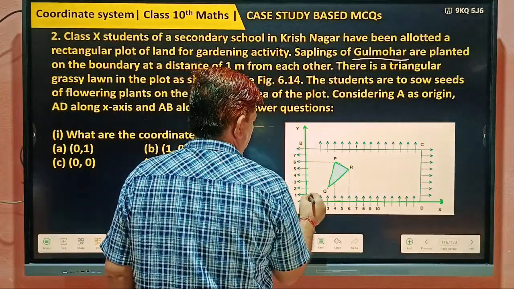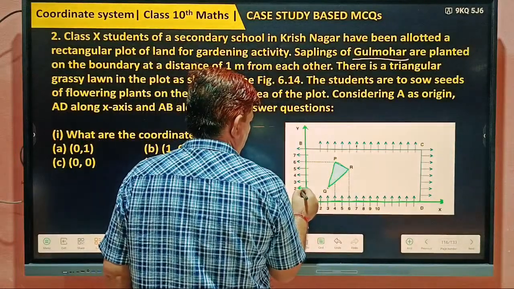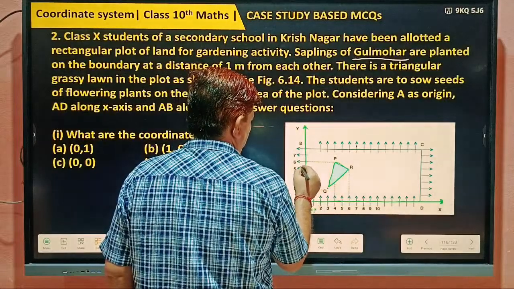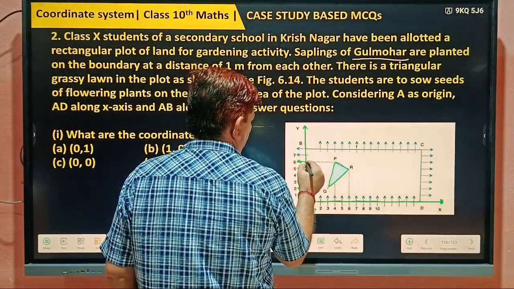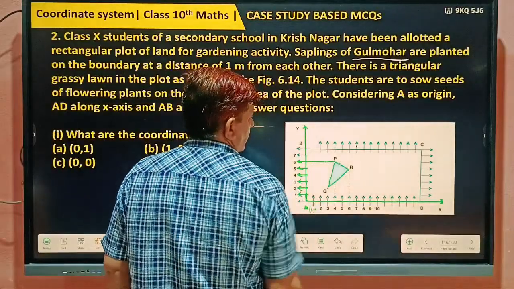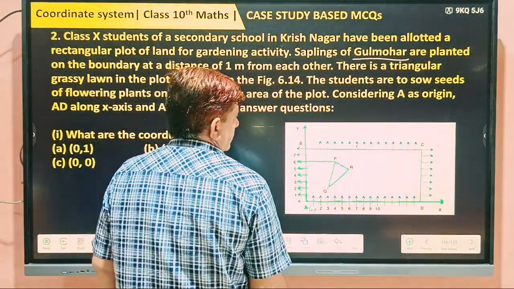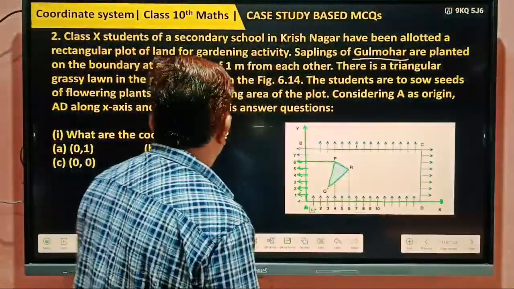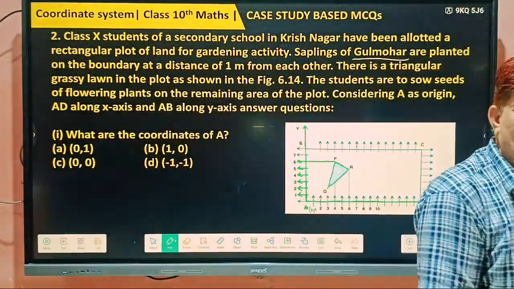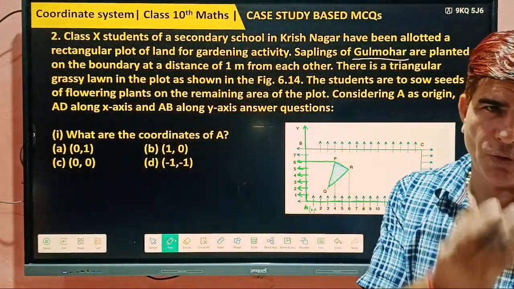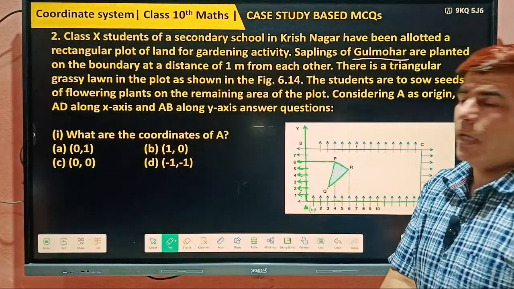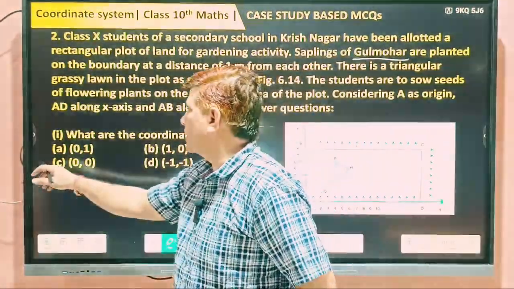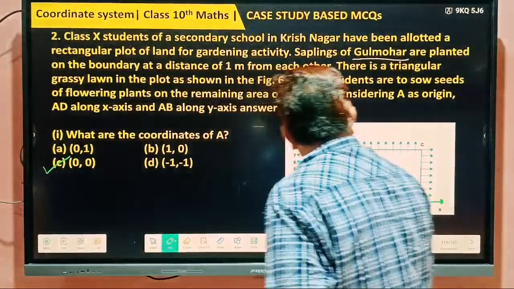These are the sapling flowers, 1 unit distance from each other. Understood? What are the coordinates of A? Simple one. A is the origin, and at the origin both x and y are 0. So what's its answer? C is its answer.